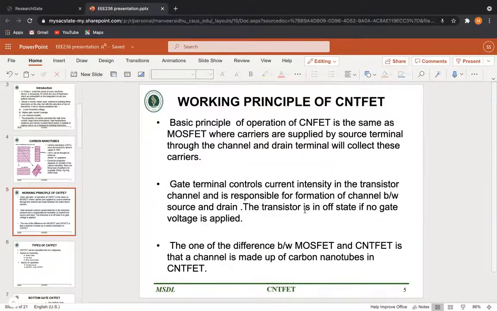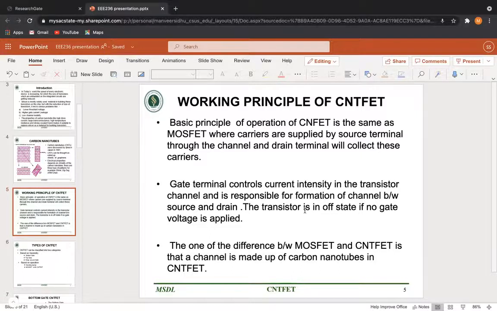The working principle of carbon nanotube field effect transistor. The basic principle of these FETs is the same as MOSFET, where carriers are supplied by the source terminal through the channel and the drain terminal will collect these carriers. The gate terminal controls the formation of this channel.